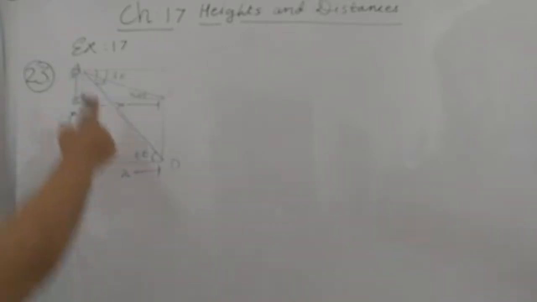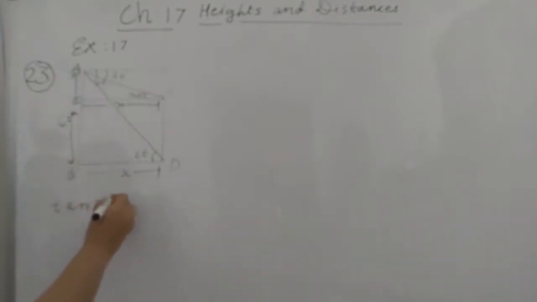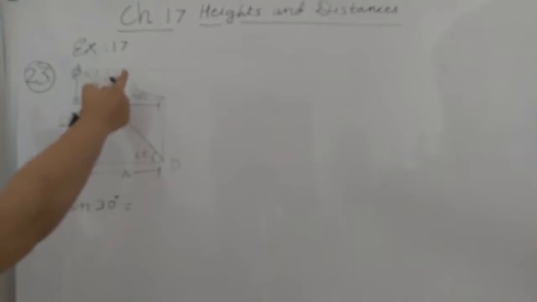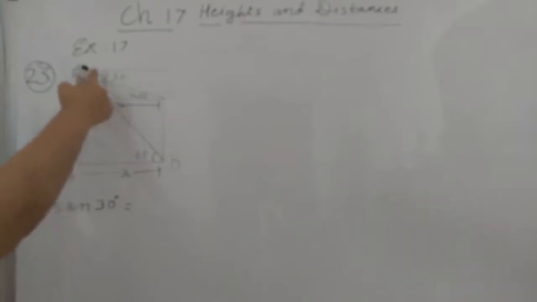Now let us start with the smaller triangle AEC, tan 30 degrees, which is x upon 60. Now students, we have to understand that this is a 30 degree angle and this whole is 60 degrees. So how much will this angle be? This will also be 30 degrees, because it forms 90 degrees in total.